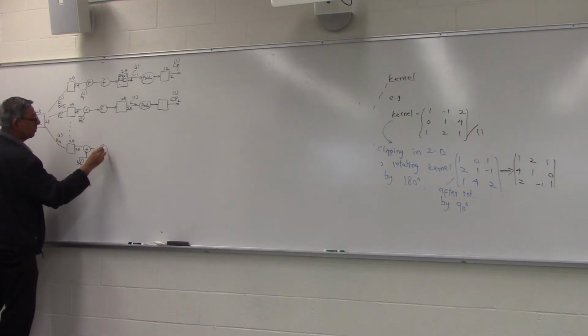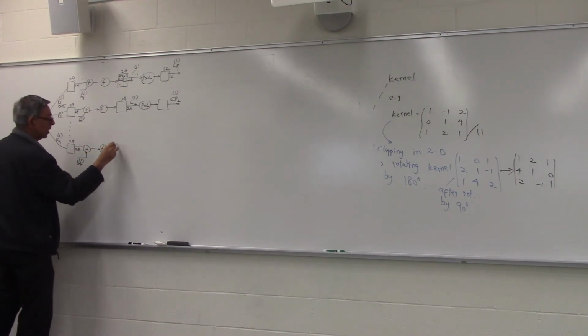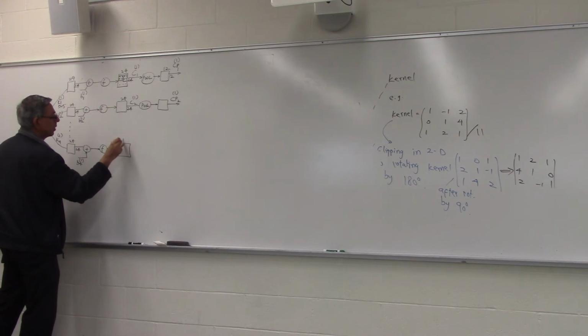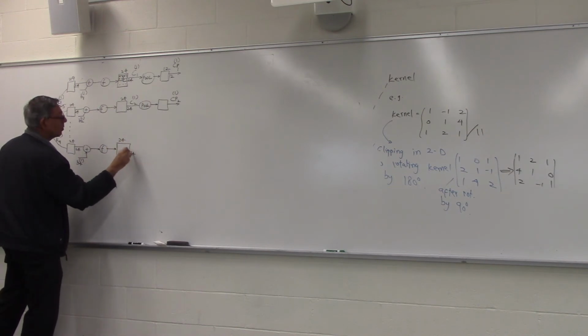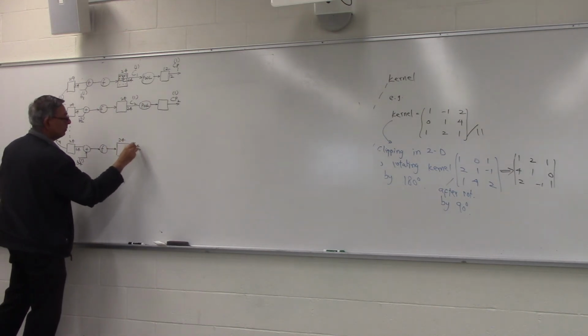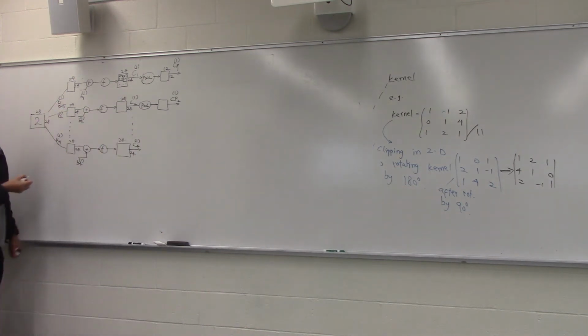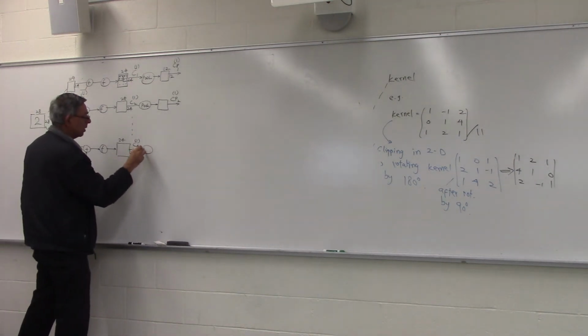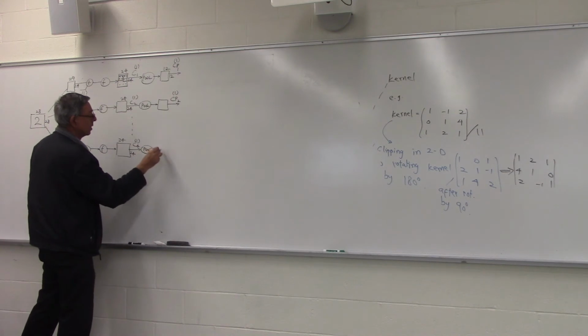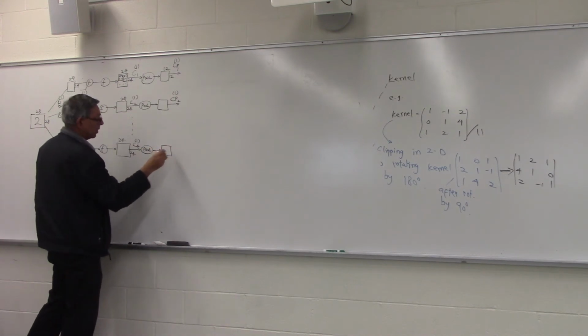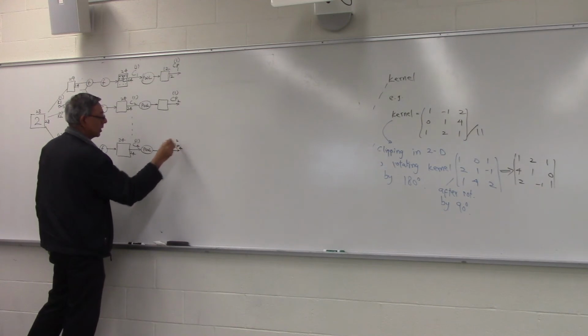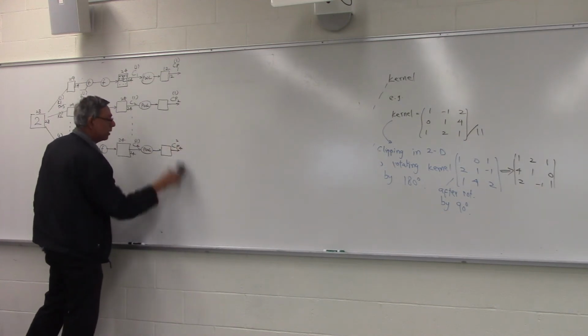We pass it through the activation function, 24 by 24, then C4 of 1. And by the way, it doesn't have to be 4, it could be 6, could be 8, could be 100, whatever we feel like. Then we pass it through a pooling function, and we get, in this example, CP4 of 1.